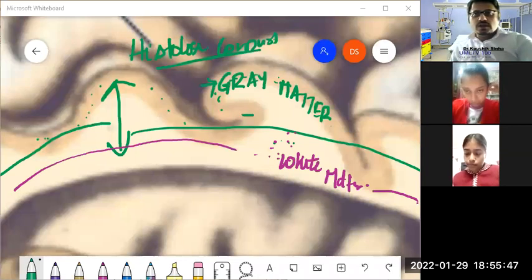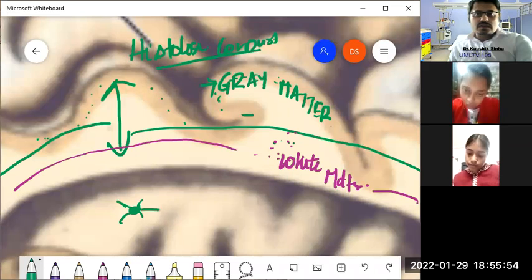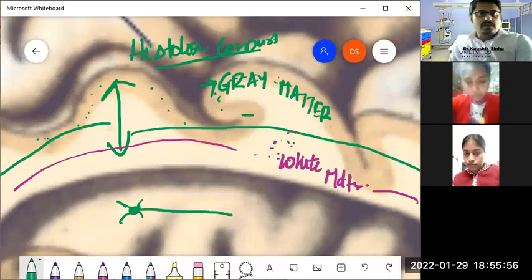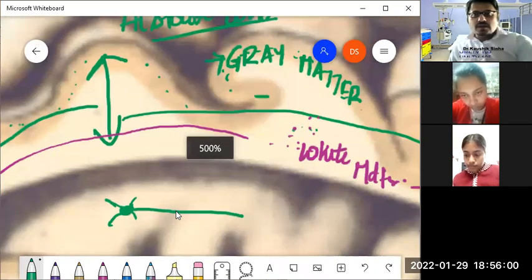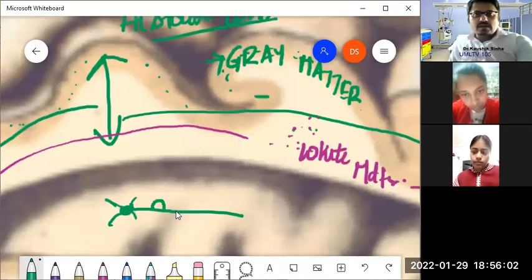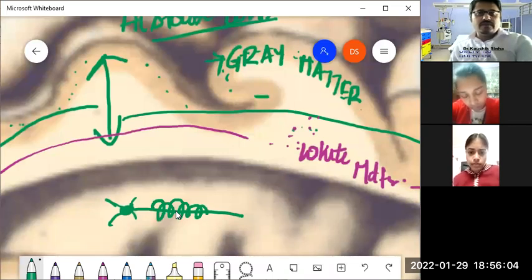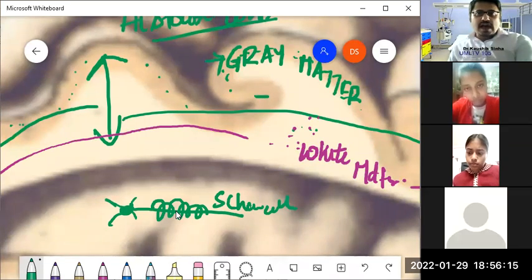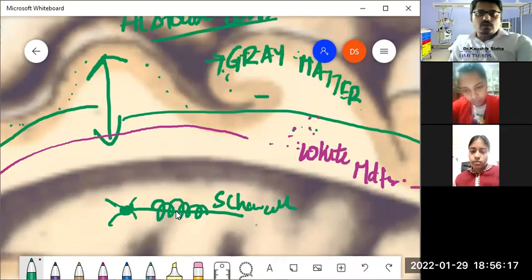So a single neuron, if I draw that neuron out here, there is a nerve cell body and there is a long axon. And this axon is wrapped by, as I said before, a specific cell, which is known as the Schwann cell, right? And the presence of the Schwann cell makes the axon appear white.